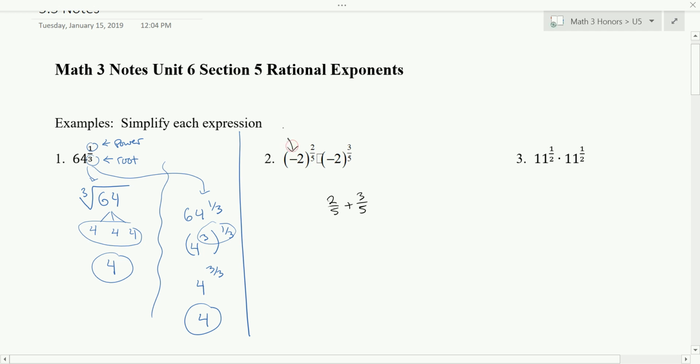Okay, so we refer to that as the base. And so does the base ever change when you're working with the exponents? So keep it the same. So this is -2 to the power of 2/5 plus 3/5. And 2/5 plus 3/5 is 5/5 or 1. And so you end up with -2 as an answer.